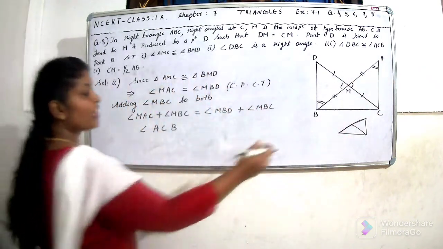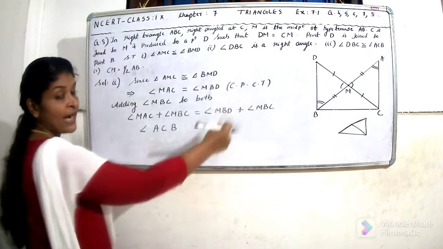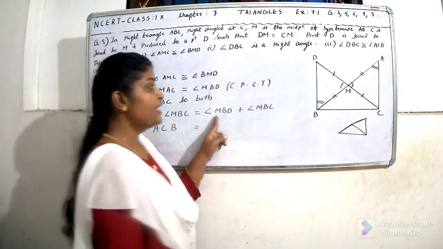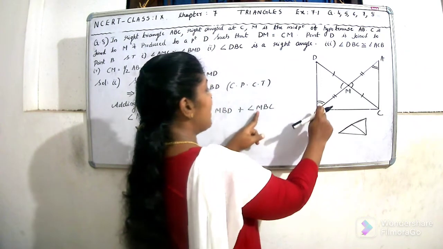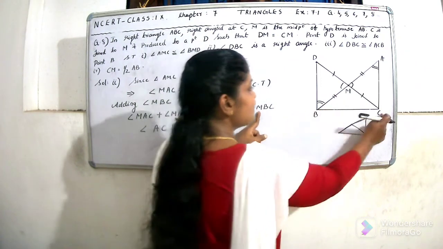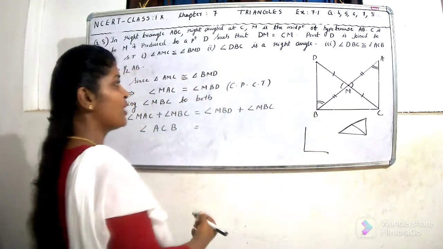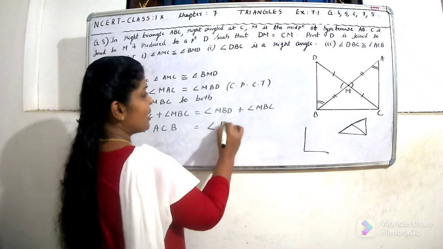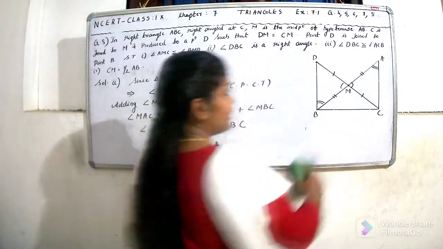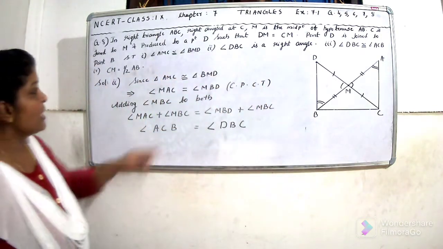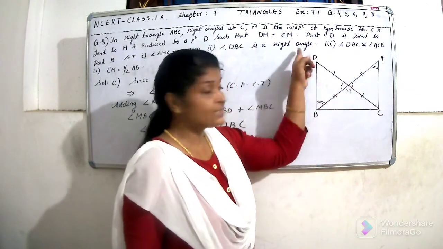So we can write angle ACB is equal to, when we add these two, angle MBD, this corner, plus MBC, this full corner, so angle B completely comes, that is angle DBC. In the question they clearly said this is the first triangle given, and this is the extension part.